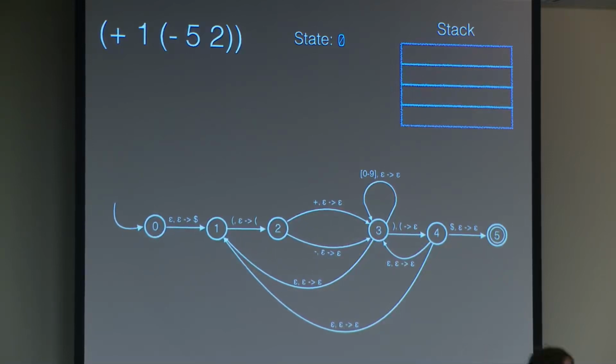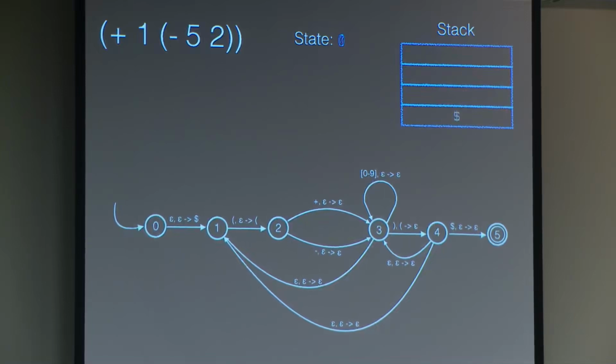And that allows us to keep track of things like how many levels of parentheses we are deep, how many tags deep we are in an HTML document. And we can use that to make sure that we always close our opening tags, we always close our parentheses, and we can know that we've not gotten to some weird state. So to walk through how this works, we're going to start at state 0.